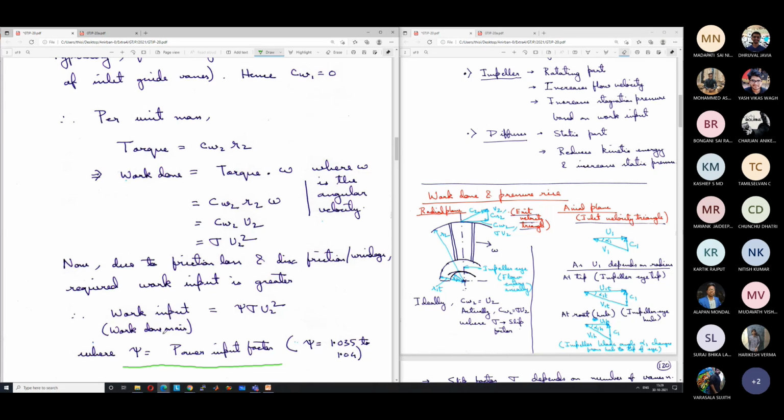So the work input, the work done on air per unit mass flow rate, this specific work, is equal to psi sigma U2 square. This multiplied by the mass flow rate will give you the actual power input to the compressor.